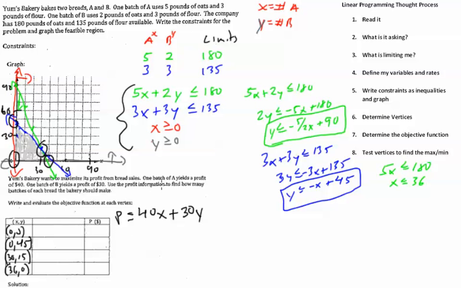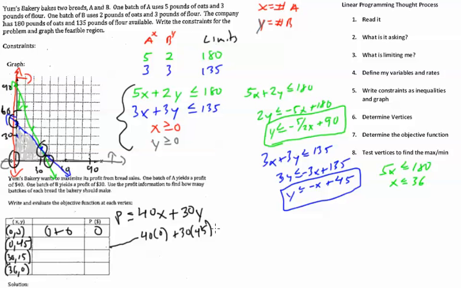Now, let's evaluate that. My equation here, given these constraints, will be maximized at one of these vertices. So first, if I plug in 0 for both of these, I'm going to get 0 plus 0, and that's going to give me $0 profit. Let's look here. If I plug in 0 and 45, it's going to give me 40 times 0, plus 30 times 45.